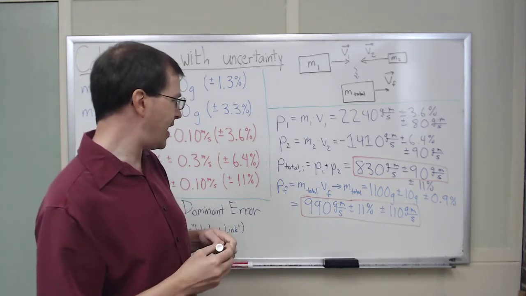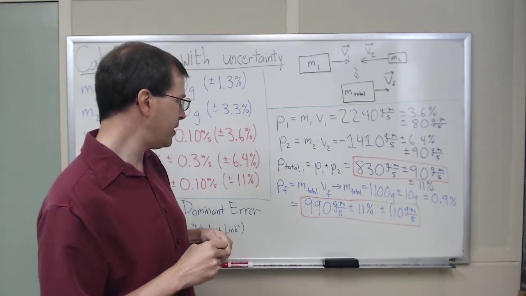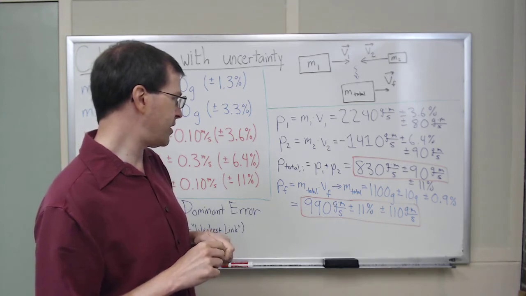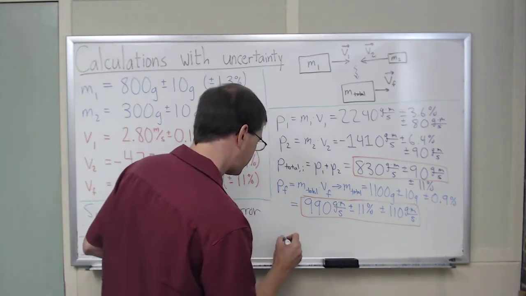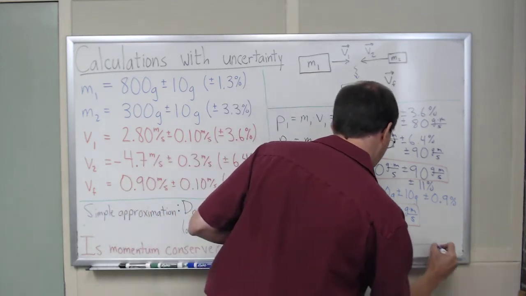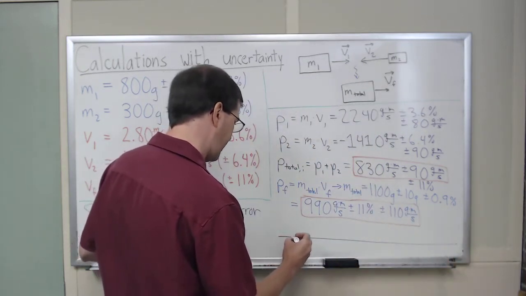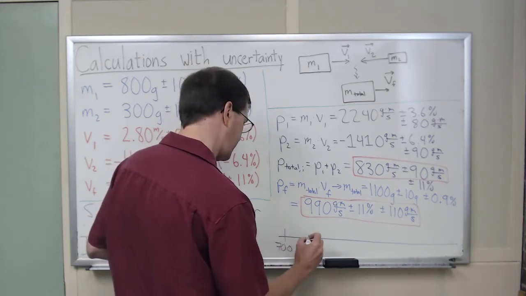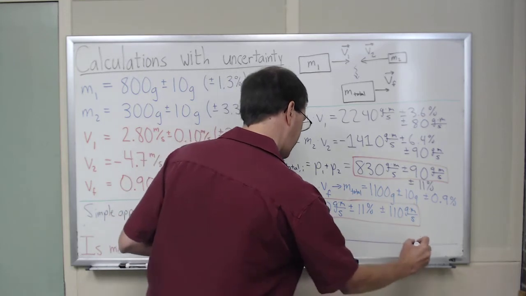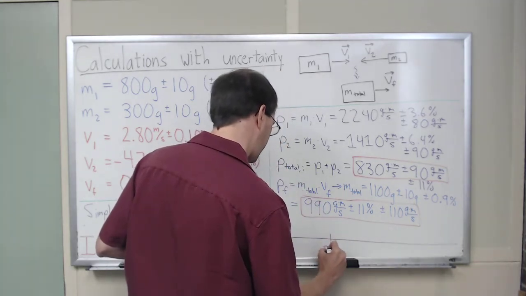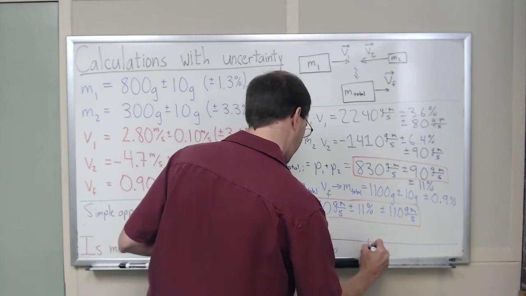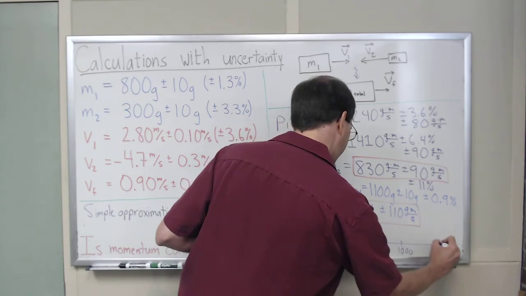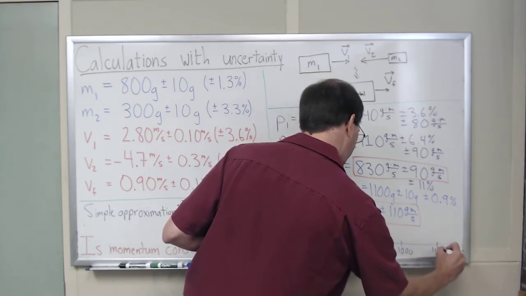I should have planned ahead for how big of a number line to draw. I need to go up to about 1100 and down to about 700. So I'm going to draw a number line with 700 here, 800, 900, 1,000, 1,100, and so on.